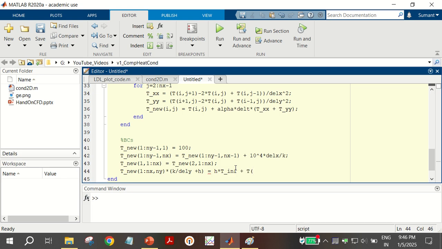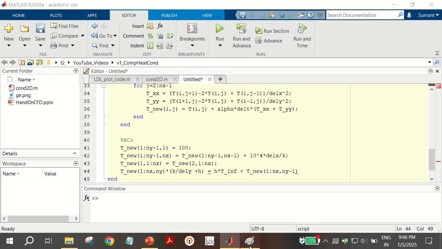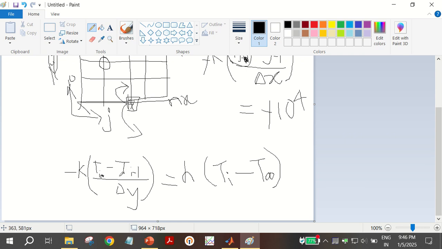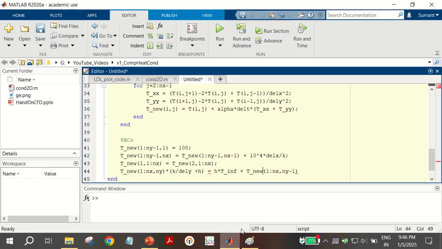Plus T of the value at the point below, and the coefficient of that is again k by delta y.